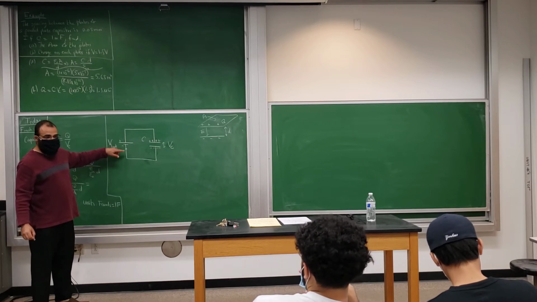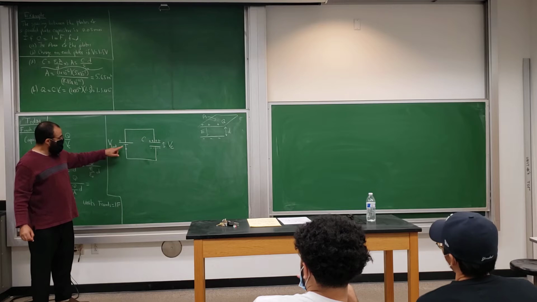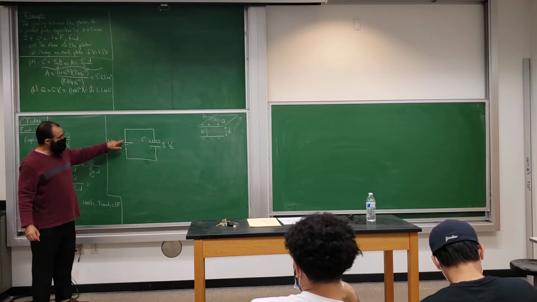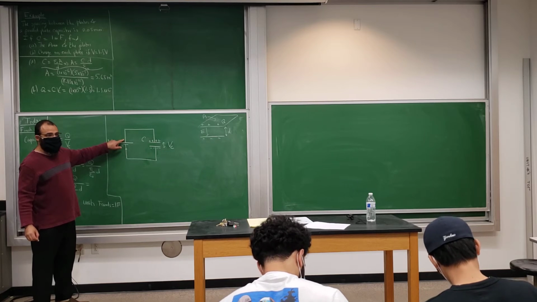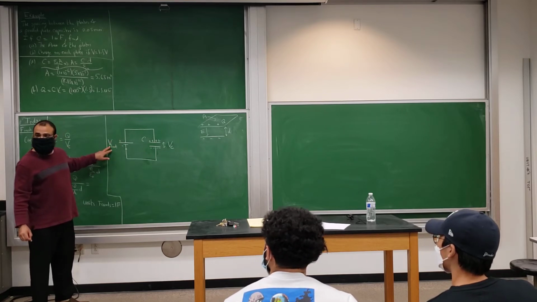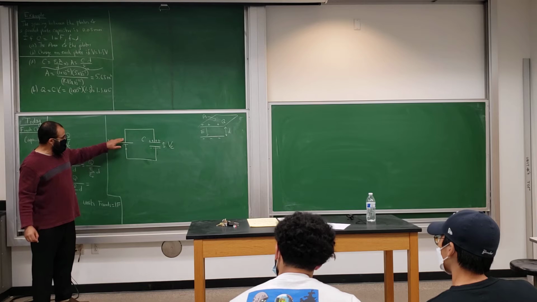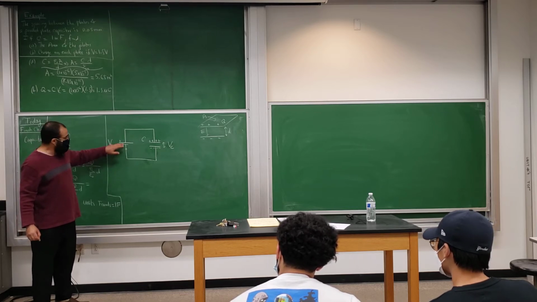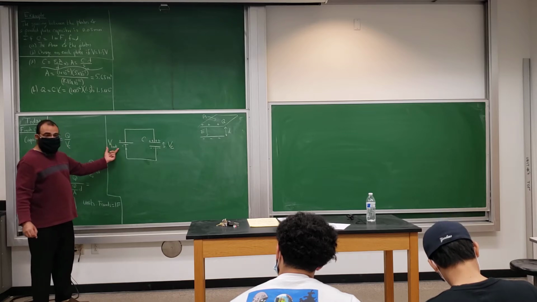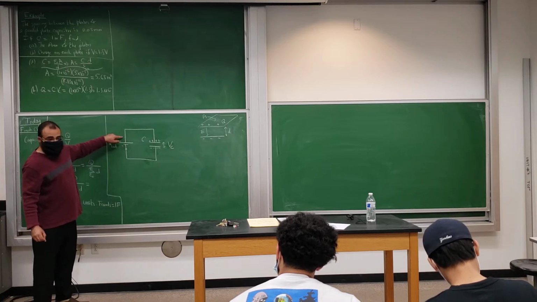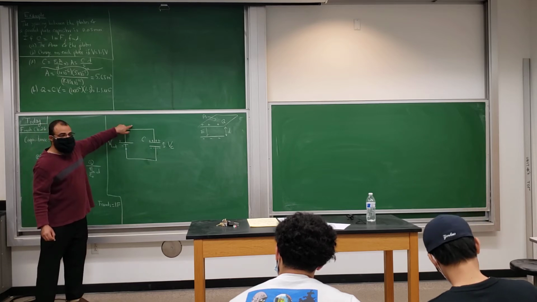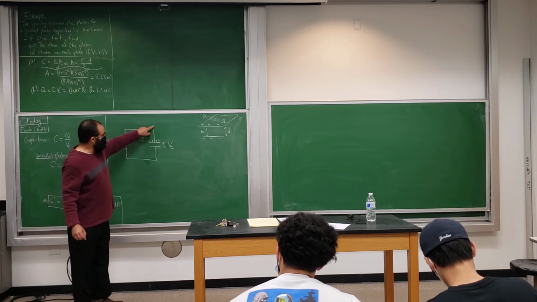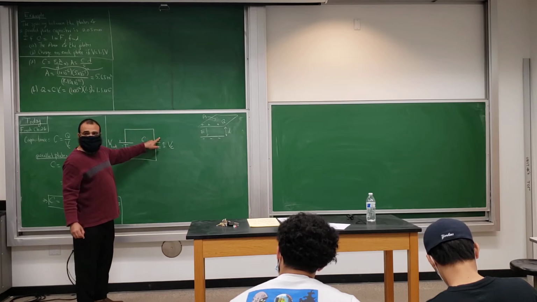Wires are conductors, they're equipotential, there is no potential change. When you jump the battery, when you go from the minus to the plus, by how much does the voltage change? By the voltage of the battery. If it's 1.5 volts, then this spot is 1.5 volts higher than this one. So the voltage has increased by 1.5 volts, or V battery. Conductor, nothing happens, no change. Now I get to the capacitor.